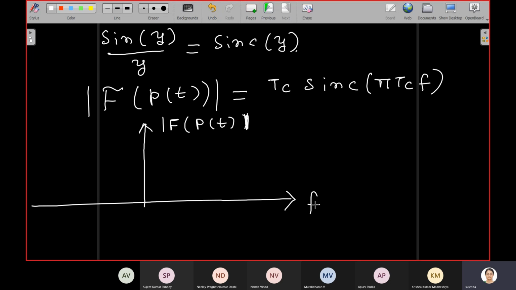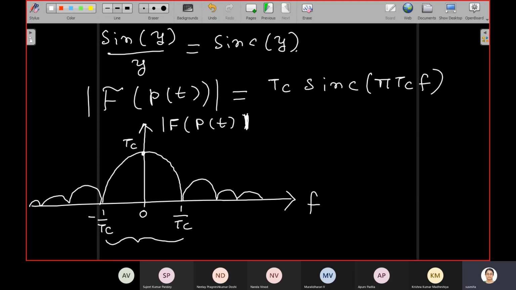Now we are plotting against the frequency. So at this point it is Tc, and here it is 1 by Tc, and here minus 1 by Tc. So this width is actually 2 by Tc. This is the main lobe of the sinc function, and these are all side lobes.